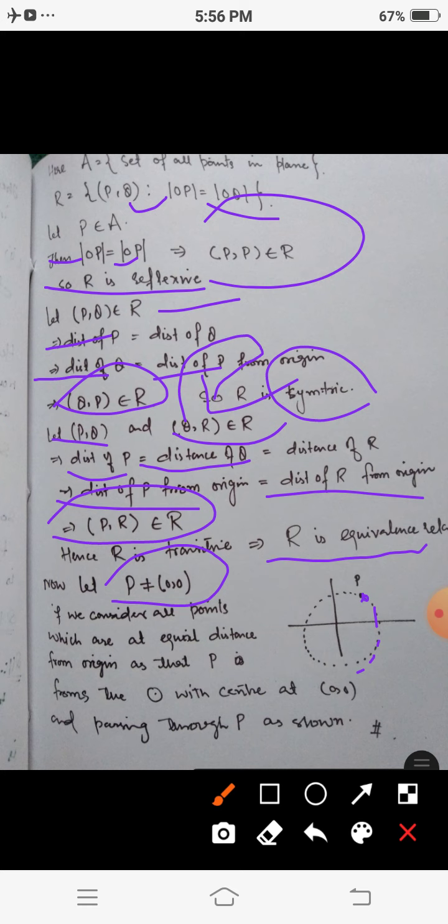So all such points which are at the same distance from the origin as P lie on the circle which passes through this point P as shown in the figure. So this is the required class of points to which P is related.